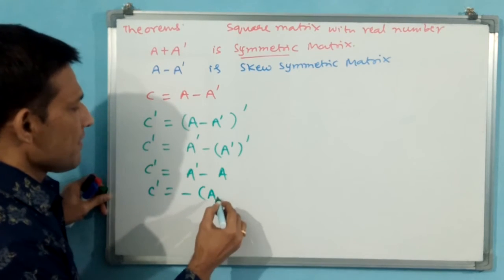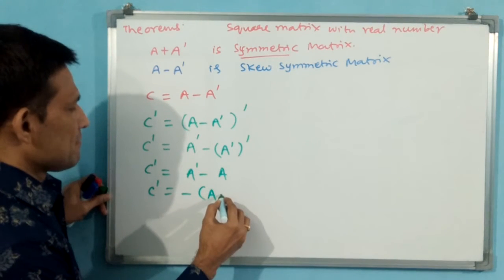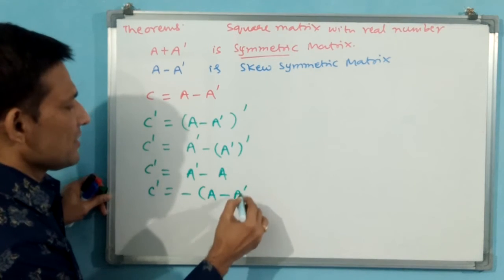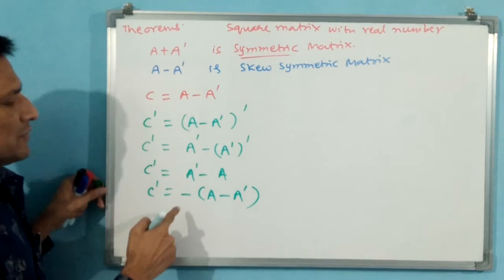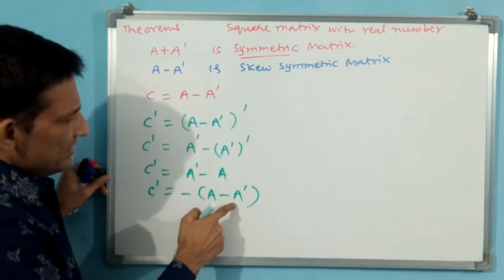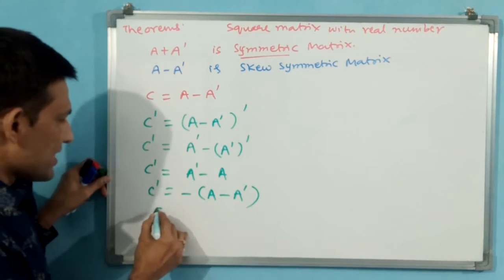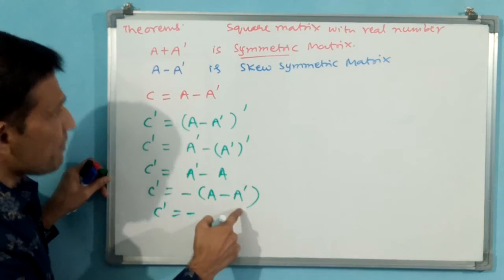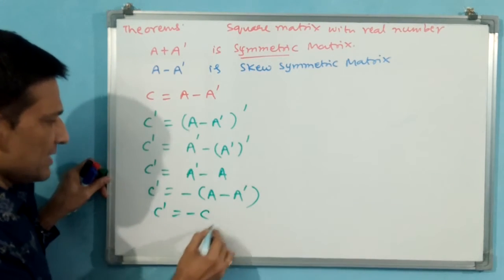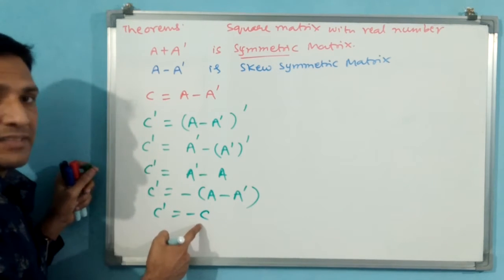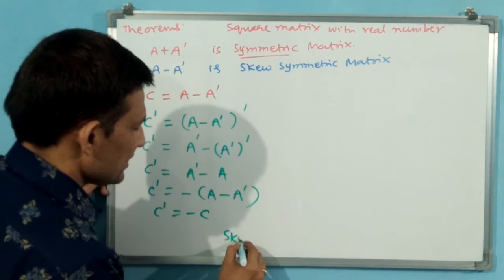Then minus, A minus A transpose. You see, minus A plus A transpose, plus A transpose minus A. But what is this? This is A minus A transpose, which is C, so minus C. That means C transpose gives minus C. Then that is going to be called skew symmetric only.